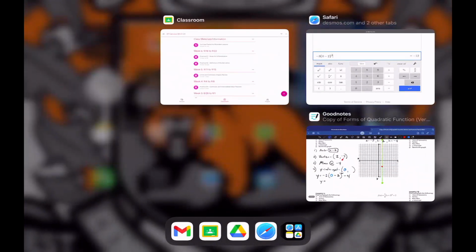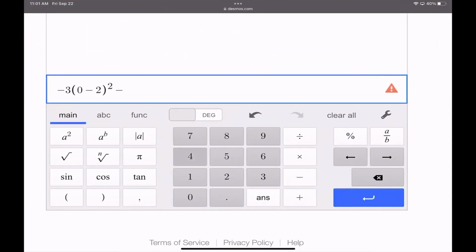And then the last part was -4. And there you go, -16. This is the Desmos calculator, but it's the exact same thing as the Delta Math calculator. I just used this one because I already had this one up. But the Delta Math calculator does the same thing. So just put that in there. You get -16.